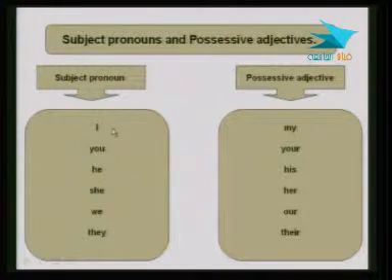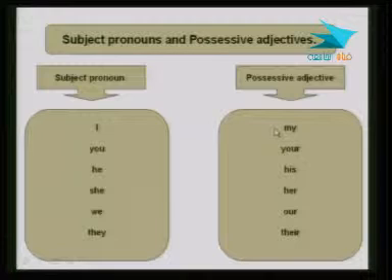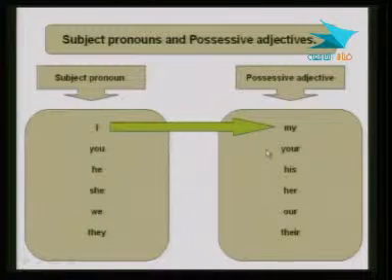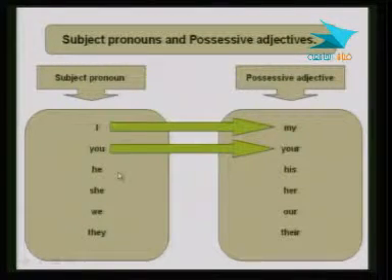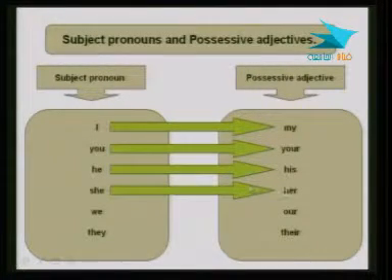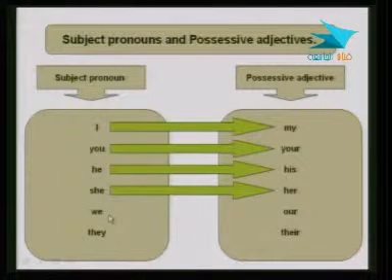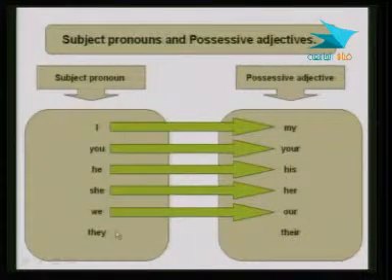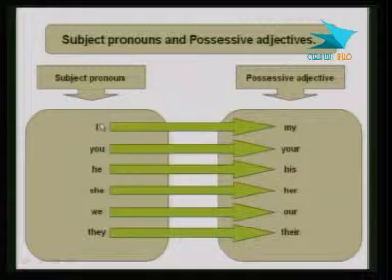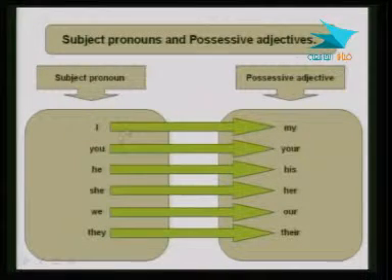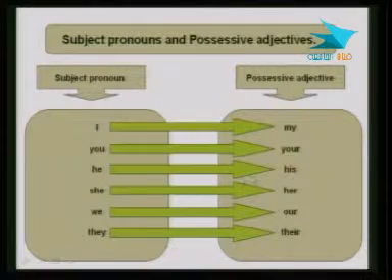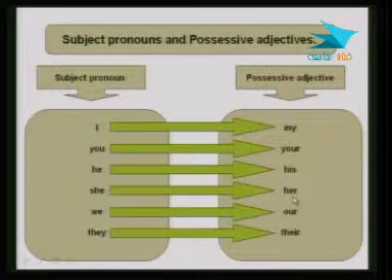I, my, you, your, he, his, she, her, we, our, they, their.